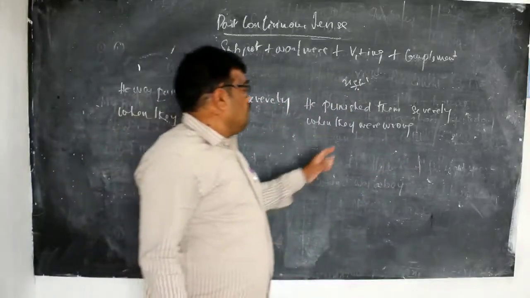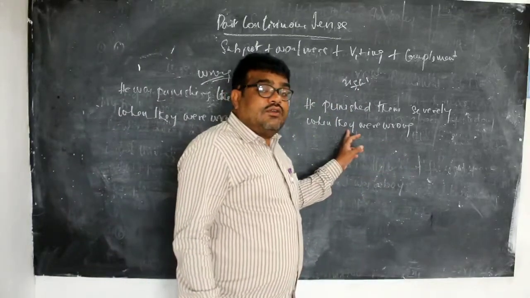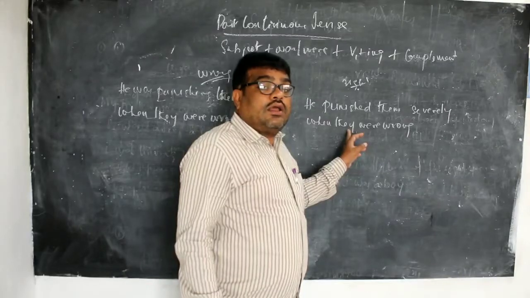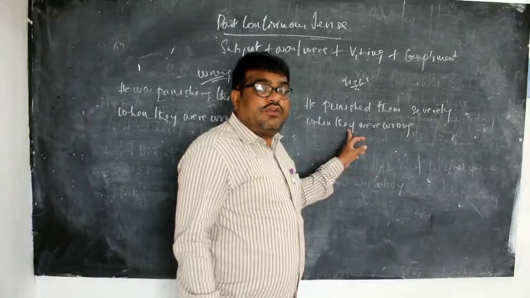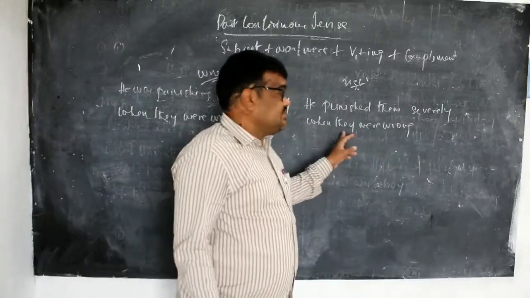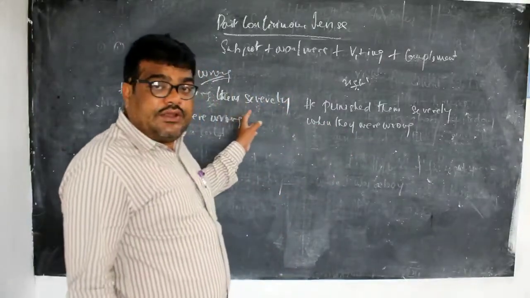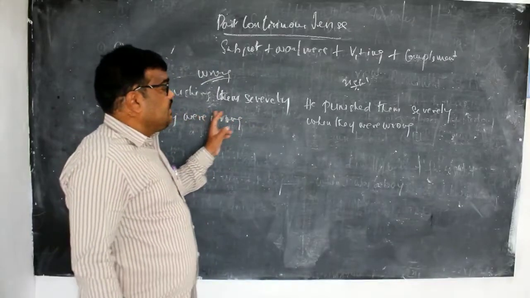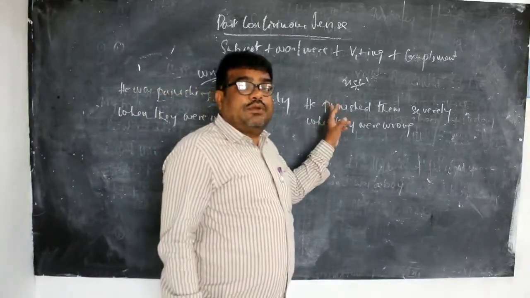Doing wrong was an action which had some duration of time, so it is used in past continuous tense. Because punishing is a temporary action, it is used in simple past tense.